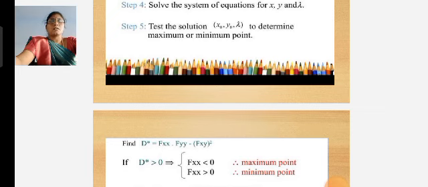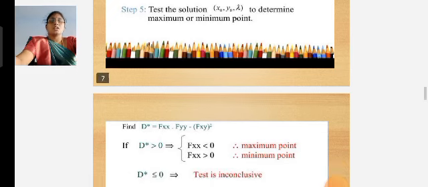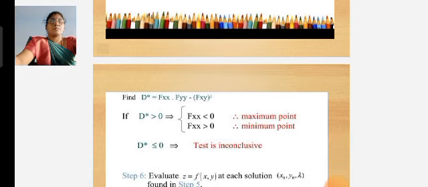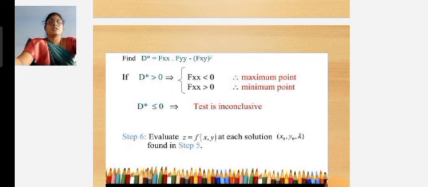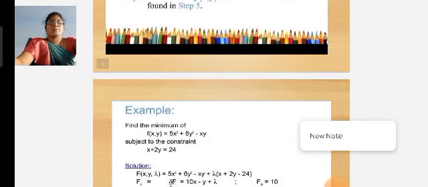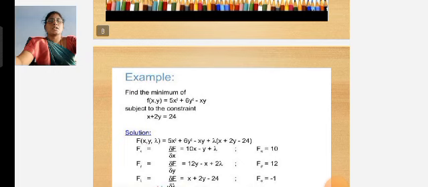Suppose d squared f by dx squared is greater than 0, that is called a minimum point. Suppose D is less than or equal to 0, then the test is inconclusive. Step 6: evaluate z equal to f of x comma y at each solution x0 comma y0 comma lambda. That is the last step.